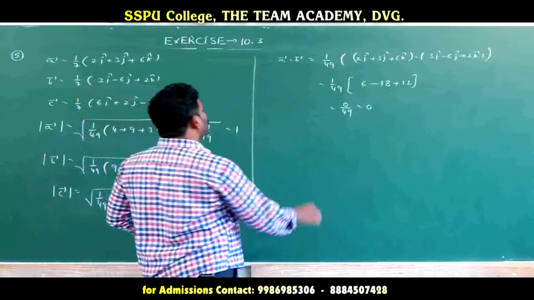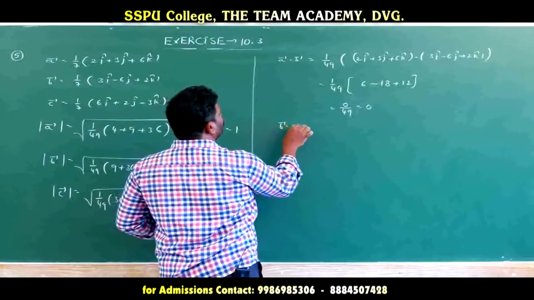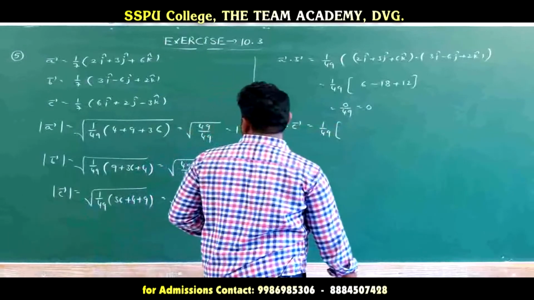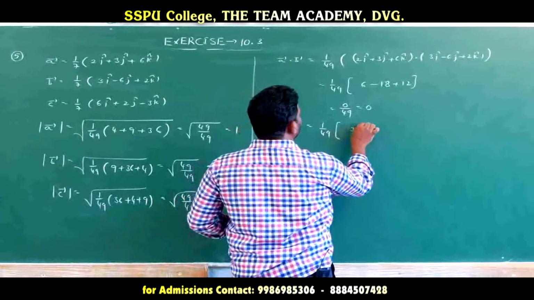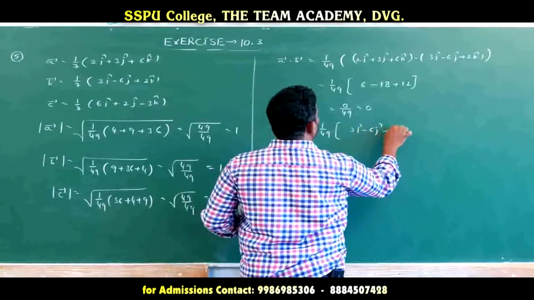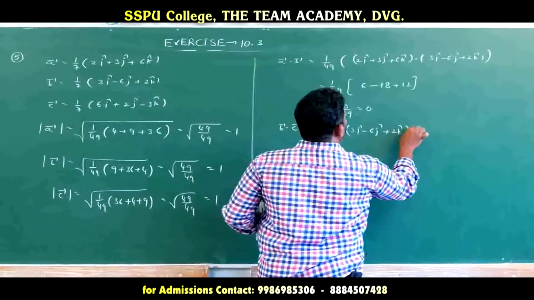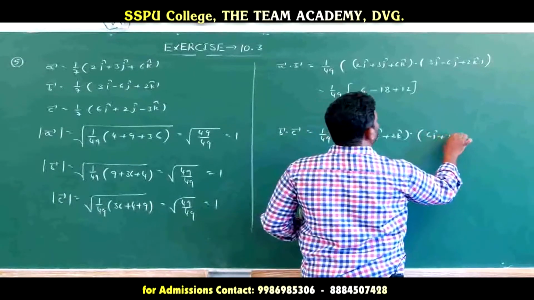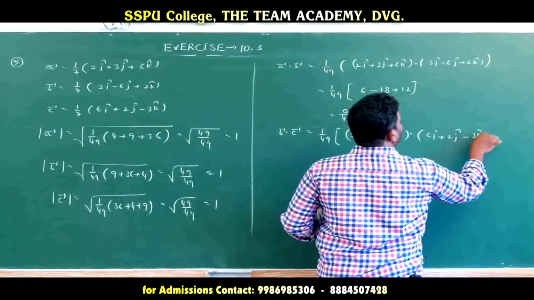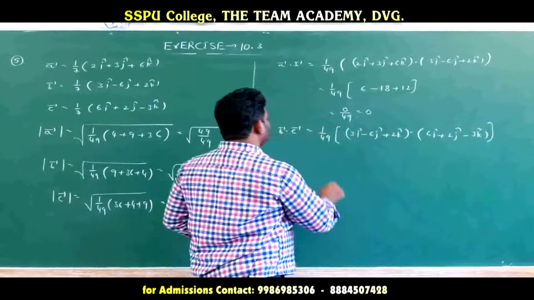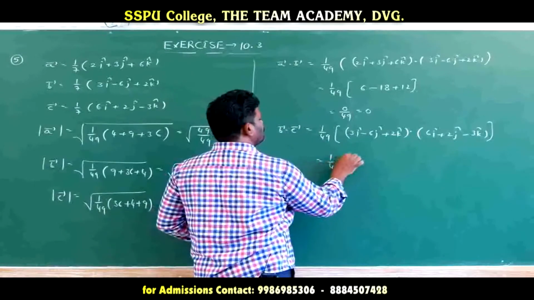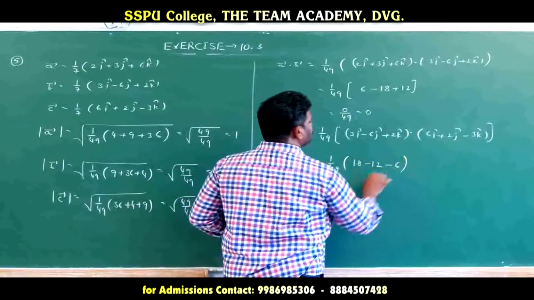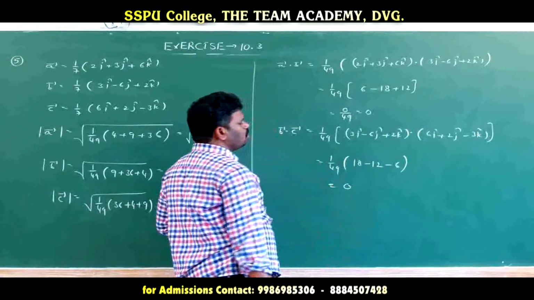Again b bar dot c bar, if you want to find b bar dot c bar, it is equal to 1/49 into b bar dot c bar. So 3i cap minus 6j cap plus 2k cap, dot again this vector, 6i cap plus 2j cap minus 3k cap. Taking the dot product again, that is equal to 1/49 into 18 minus 12 minus 6, again this value is equal to 0.